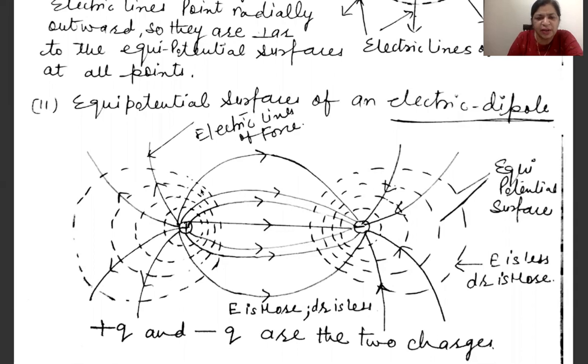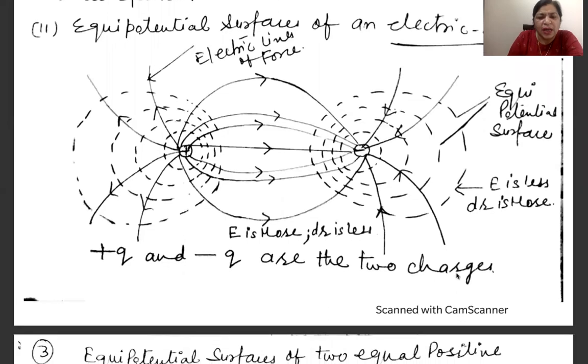So these are the electric field lines. As we have seen, in the case of a dipole, the electric field lines contract longitudinally between the two charges. So in this region we have the lines crowded. The number of lines is more as compared to these regions.